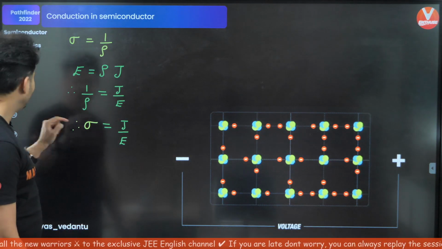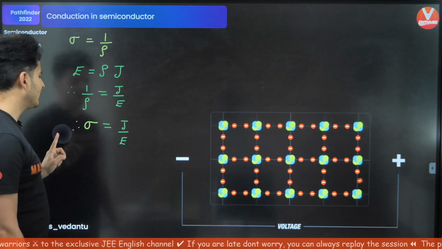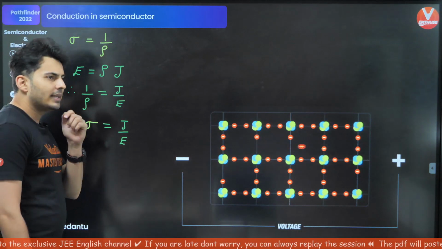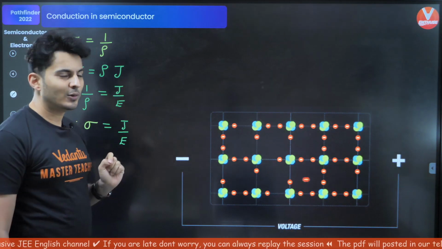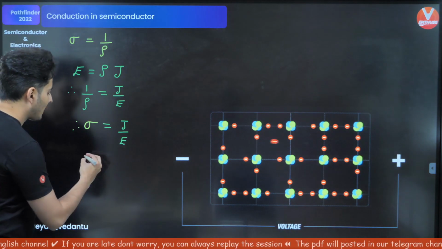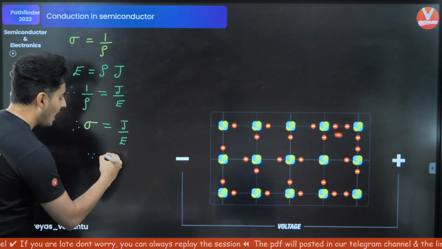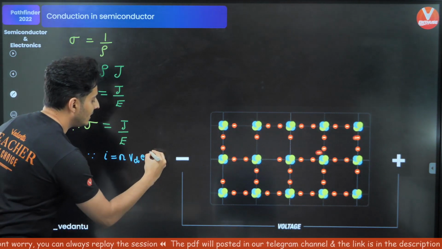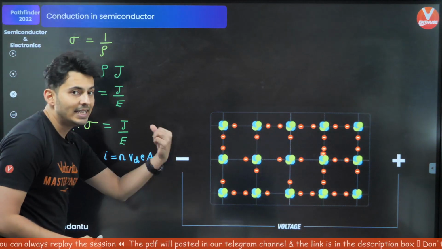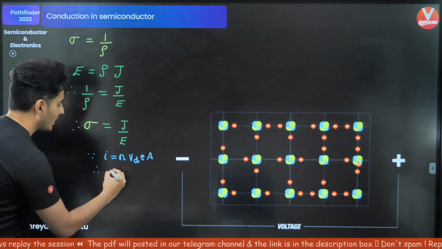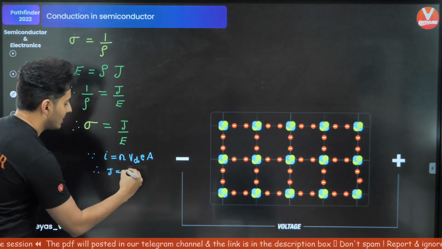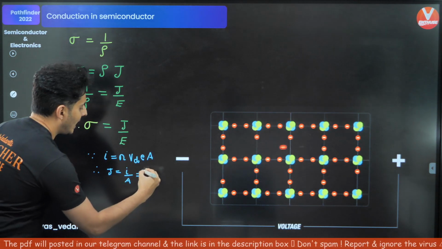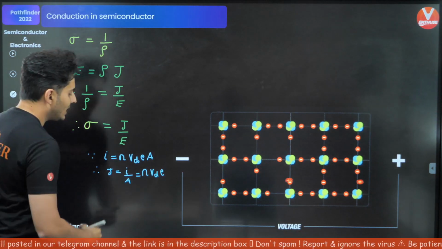Fair enough. Now what is J by E? Let's think, what can we do for J? I know one formula for that: since I is equal to n Vd e A, therefore J, which is I by A, will be n Vd e.